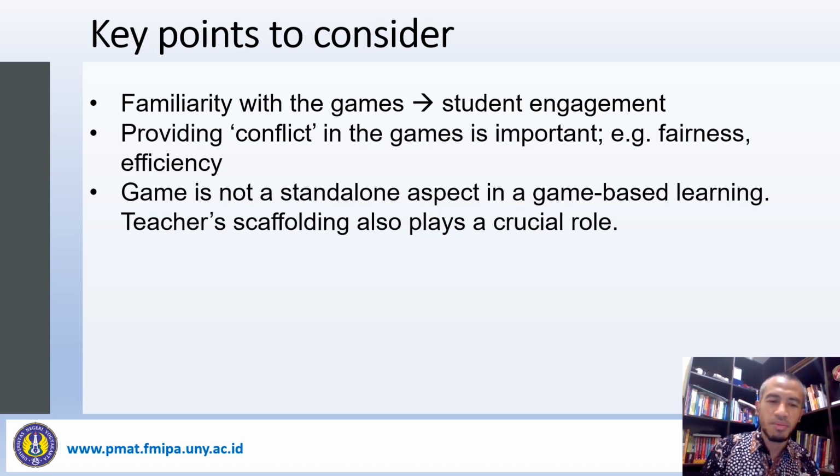Like my first example about is it fair to measure by using different hand spans, or is it fair to determine the first player by tossing a die? That kind of conflict, that kind of question can trigger a student to think about the mathematics, to think about another strategy.